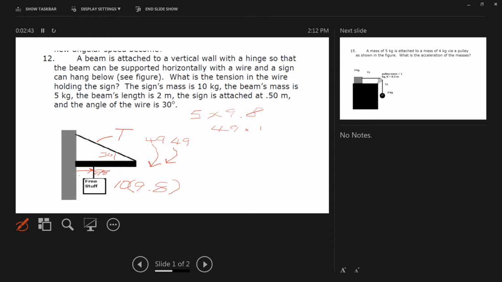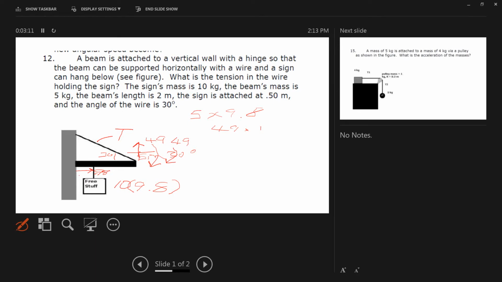So the portion of the tension that is perpendicular to the beam, this portion right here, is T sine 30. And that's acting along the beam's length of 2 meters, isn't it?